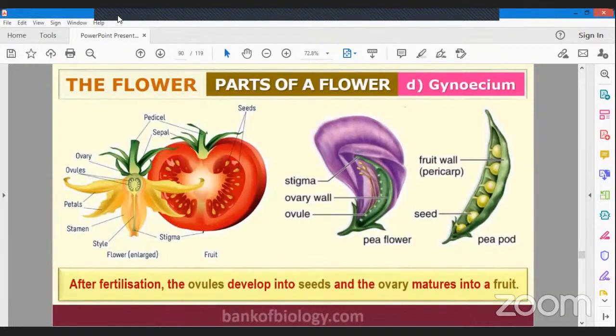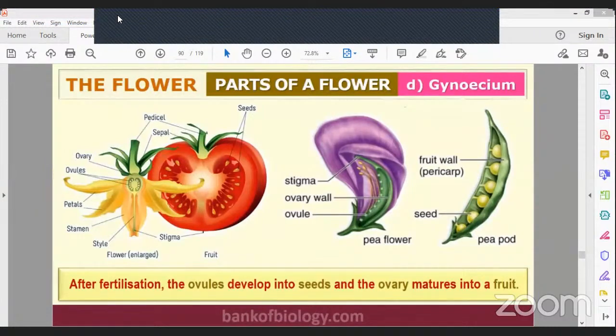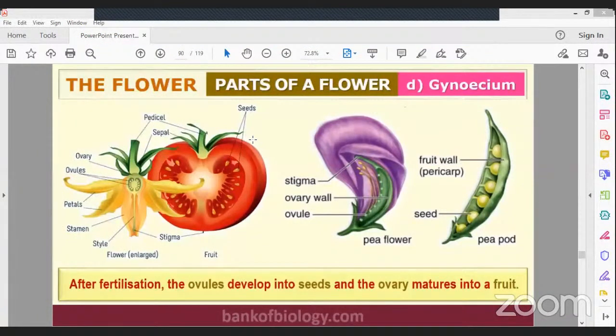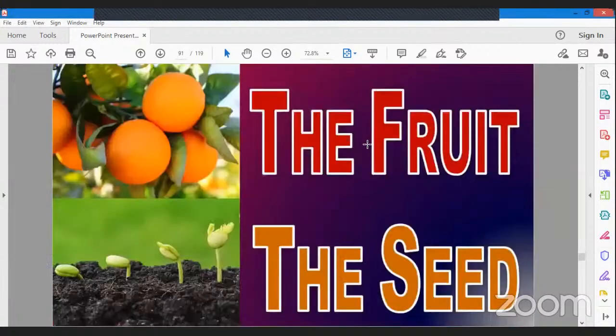So take down. So next part, fruit and the seed.